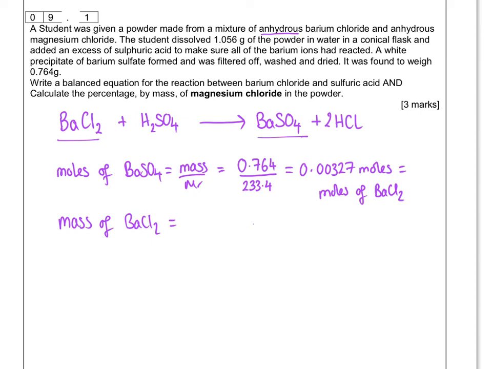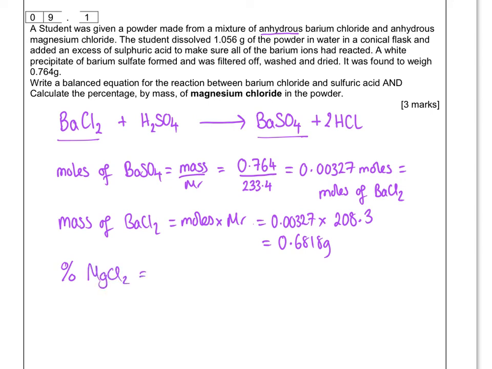And that's going to be moles times MR. The moles we've just worked out. And the MR of barium chloride, if you use the periodic table to calculate, is 208.3, which gives us a mass of 0.6818 grams.